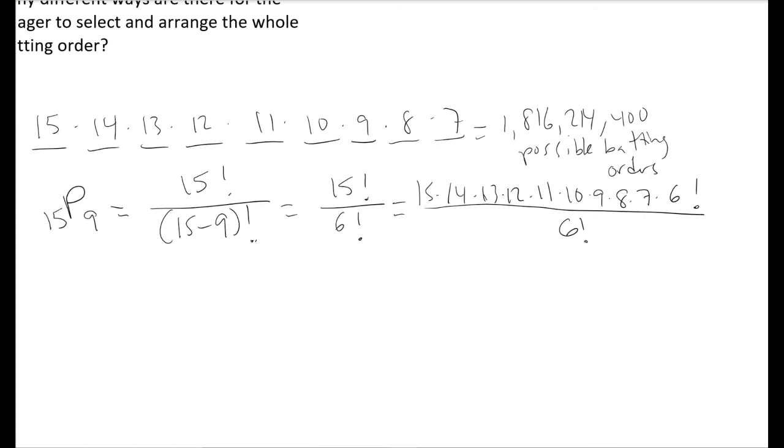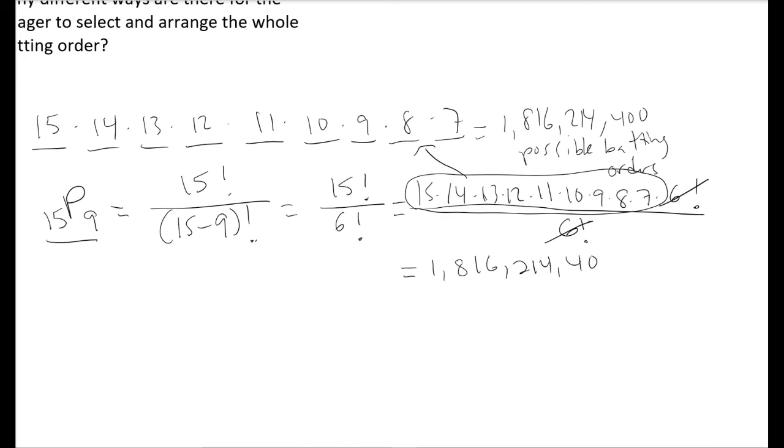I don't have to write it because it's going to be the same on the bottom. So these cancel out. And lo and behold, if you look at the answer that we have here, it matches the fundamental counting principle, or the multiplication counting principle, which is amazing indeed. So in this case, we're going to get the same exact answer. If you just plug this in the calculator, which I'll show you how to do in class, you'll get the same number because it's the same exact calculation.